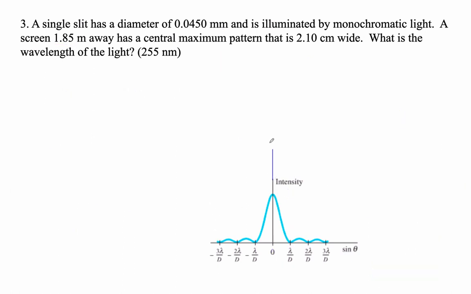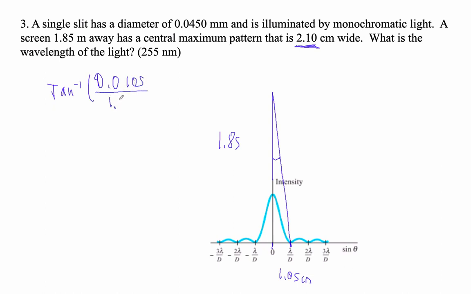So we know this distance is 1.85. We know that this distance here is 1.05 centimeters, because it's half of 2.1 centimeters. Let's find that angle. Legitimately, that angle is tan minus 1 of 0.0105 divided by 1.85.